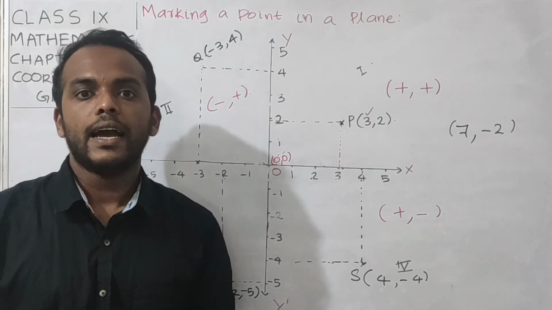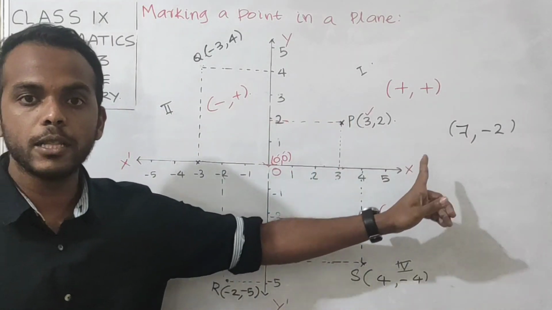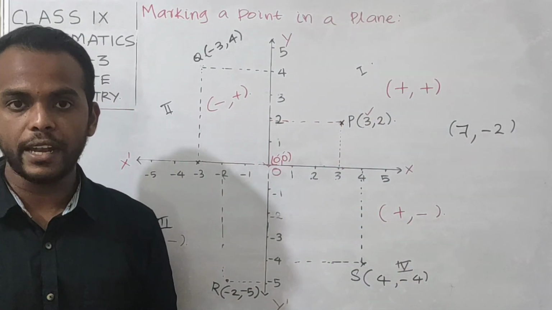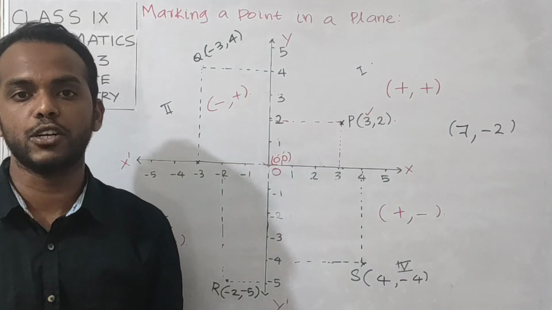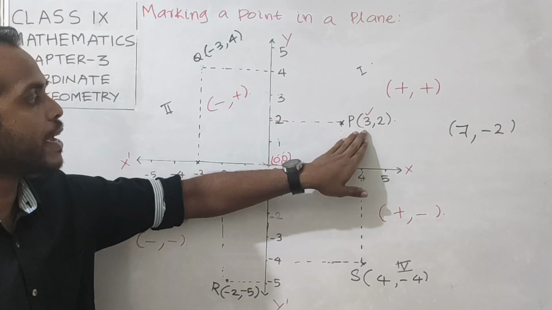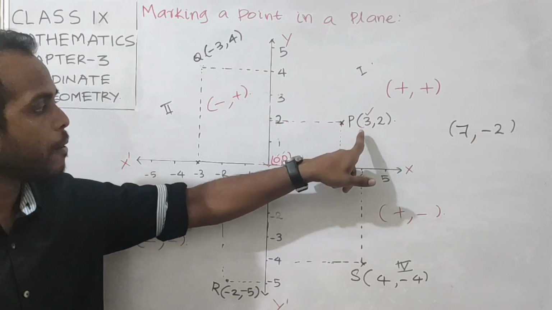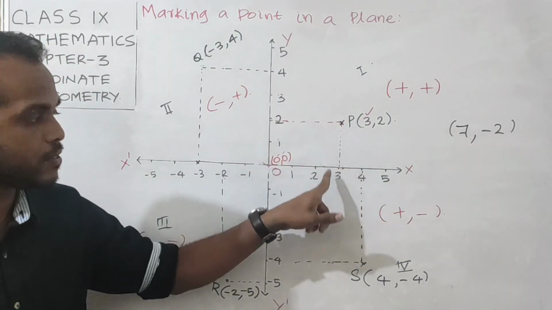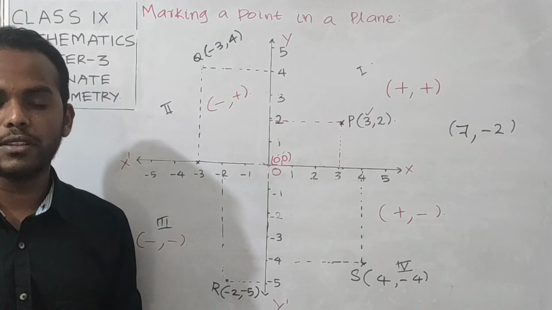It's very easy, and we will see how to mark the point in a Cartesian plane or in an xy plane if the ordered pair is just given to us. So far, when the points were given, we just saw or verified, okay, this is here and this is supposed to be here. That's all. We have not done any new things.